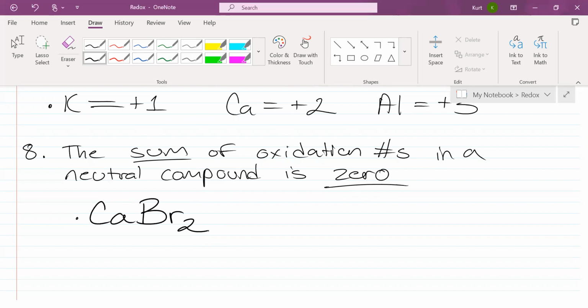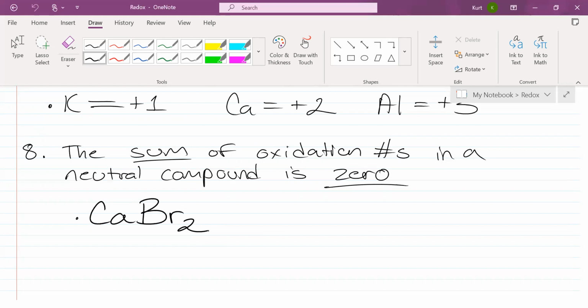Do you see a positive or negative symbol anywhere near that calcium bromide? No. It is so simple. If you don't see a positive symbol, and you don't see a negative symbol, the charge is neutral. There is no charge. It's 0.